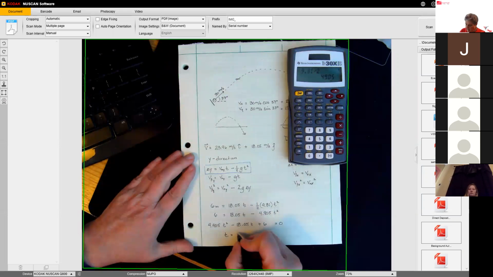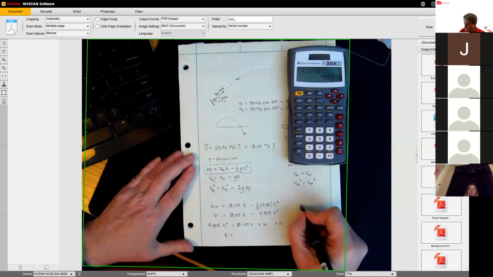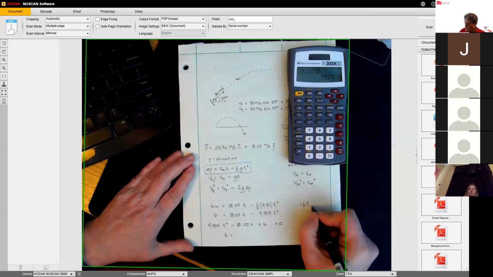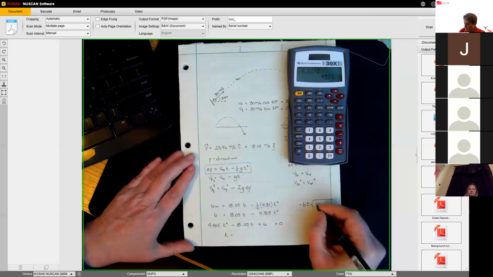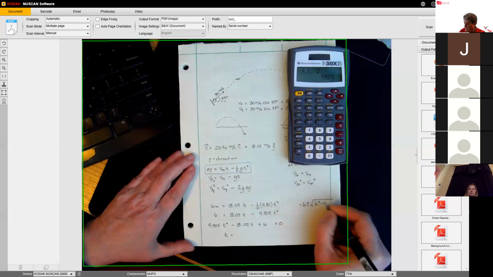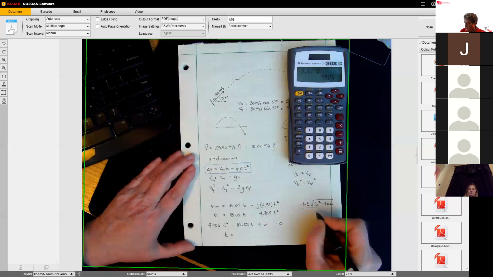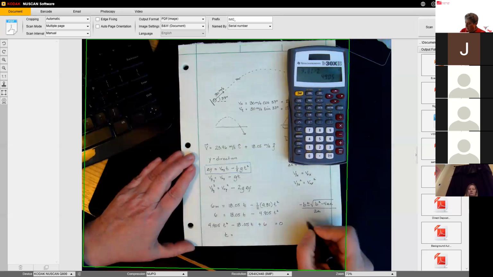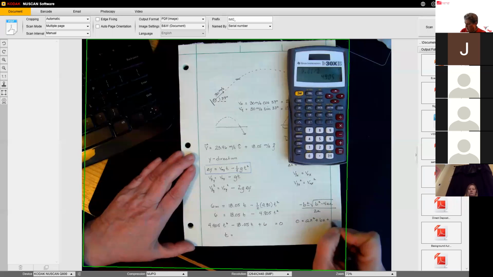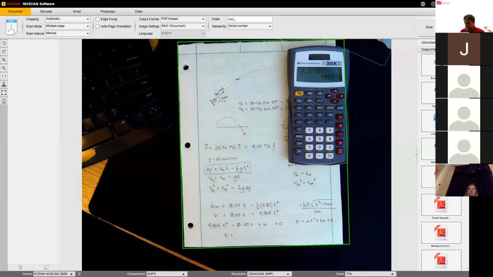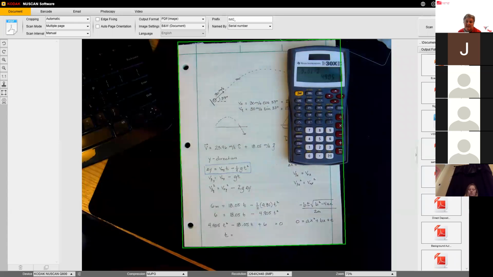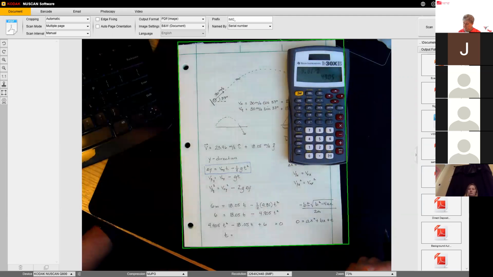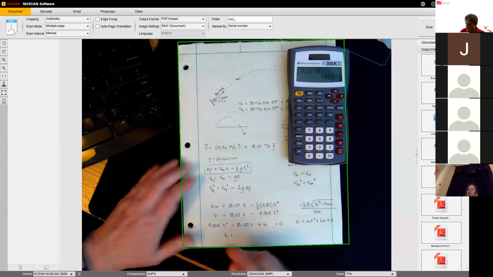I just like it to work out, because if I use my quadratic equation, this is going to be minus b plus or minus the square root of b squared minus 4ac divided by 2a, when I'm in 0 is equal to ax squared plus bx plus c, right? And I just would rather use a positive. You can use a negative, it doesn't matter. So I'm going to solve for t.